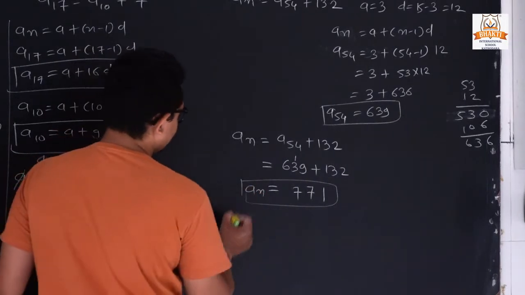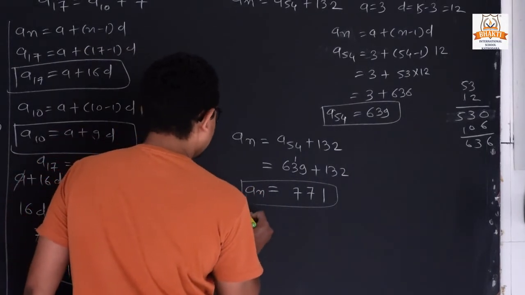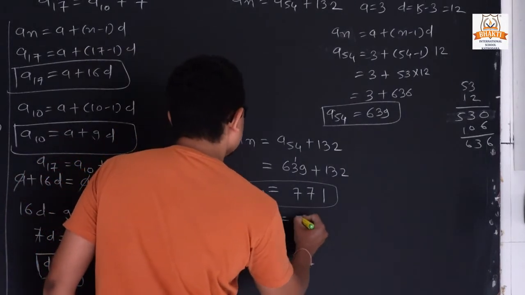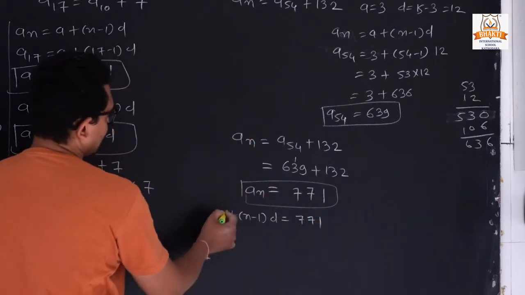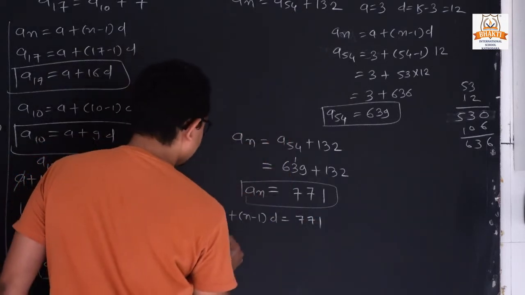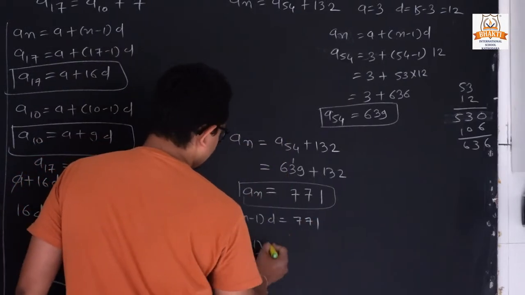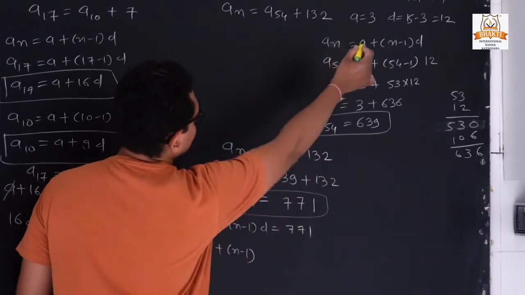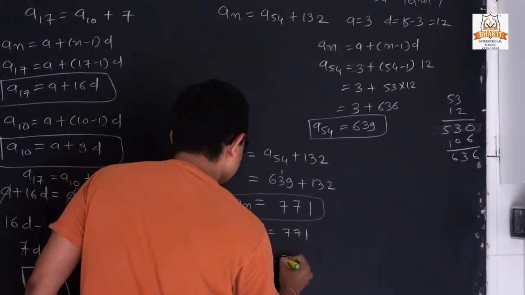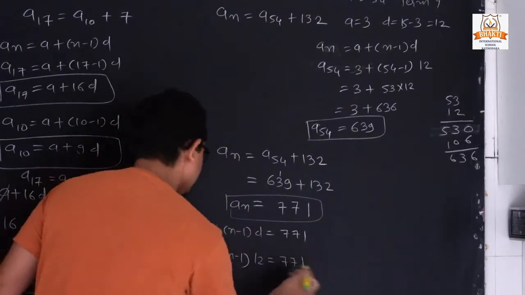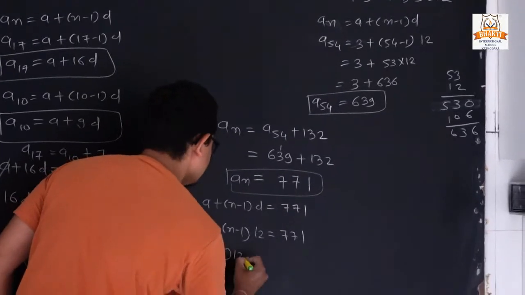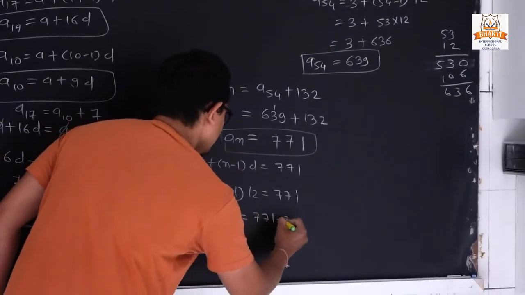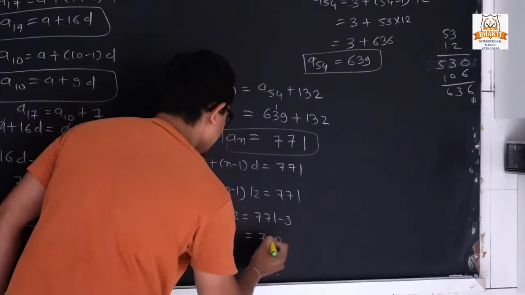Now we can write that like that, a plus n minus 1 into d is equal to 771. Now a is given 3 and d is also given 12. Now this 3 is going to the second side, so it becomes minus, so it is 768.